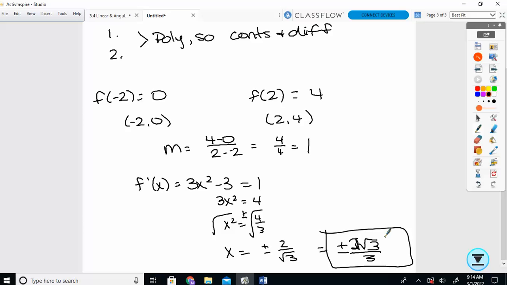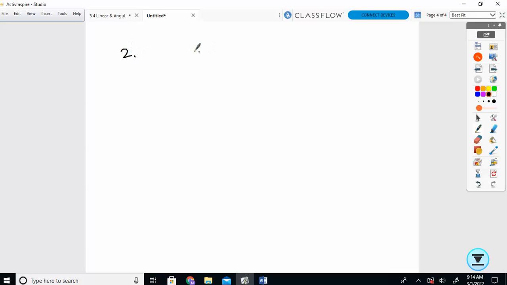Alright, let's look at question number 2, finding the asymptotes. So your vertical asymptotes, how do we get those? The bottom is 0.